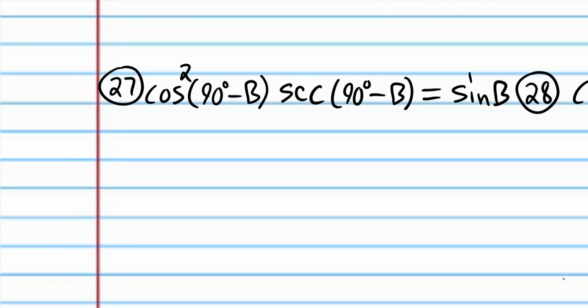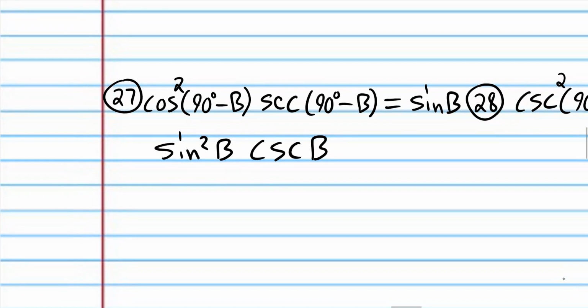Cosine 90 minus theta, or 90 minus B, is equal to sine. So that just becomes sine squared B. And secant 90 minus B is equal to cosecant B. Again, notice that we're changing to completely different functions.